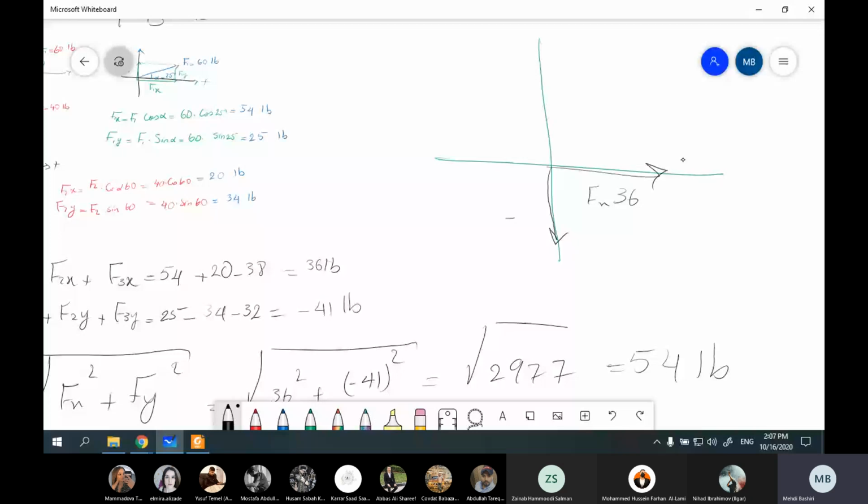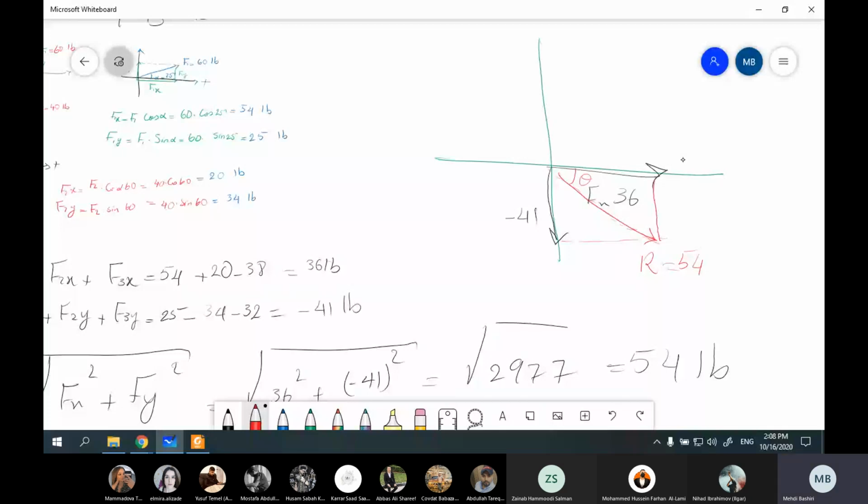So if I ask you to find the final force, this is the final force, the red one, R. What is the magnitude? 54.